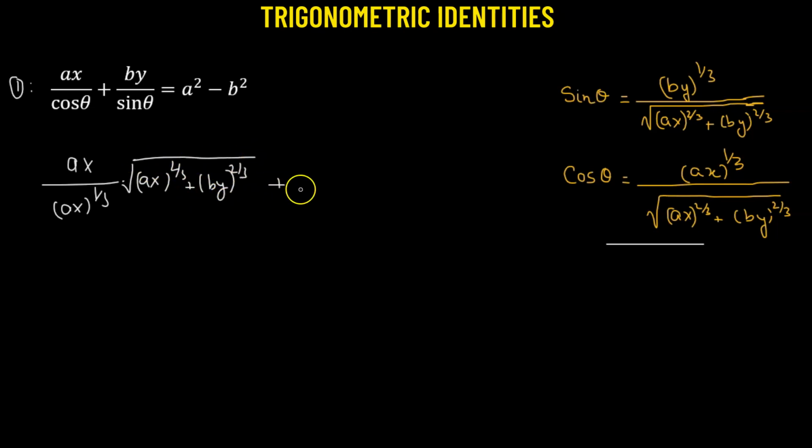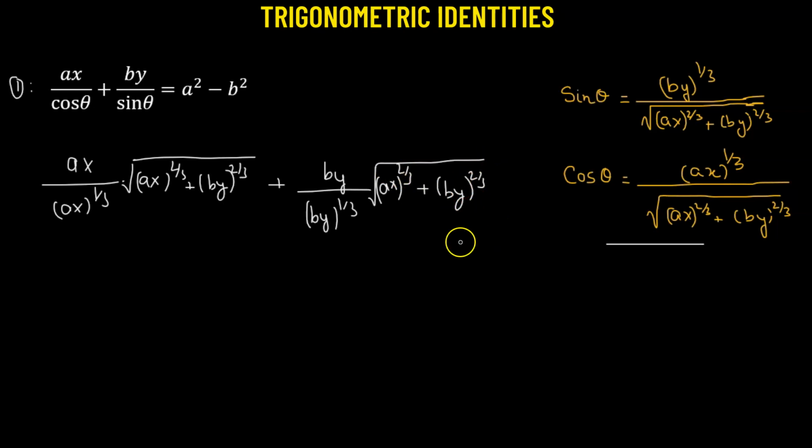This will now be added to by divided by sine theta. So sine theta is (by)^(1/3), and the whole ratio is multiplied by (ax)^(2/3) + (by)^(2/3). So this will equal a squared minus b squared.